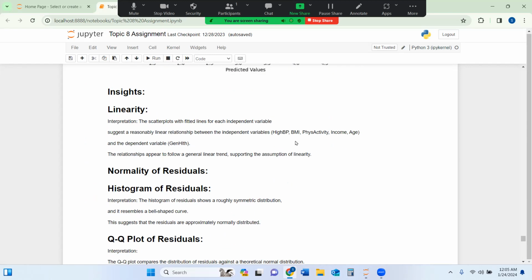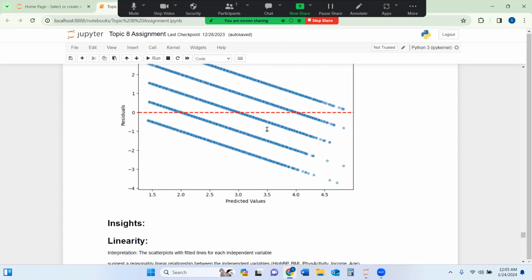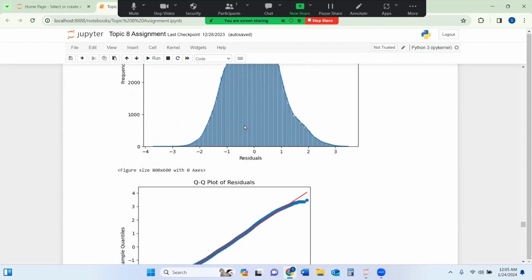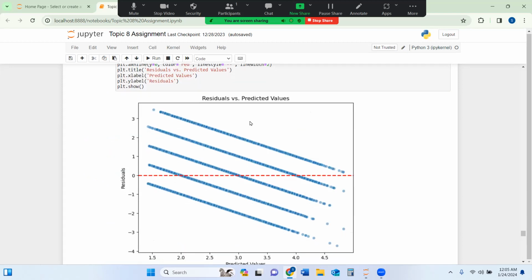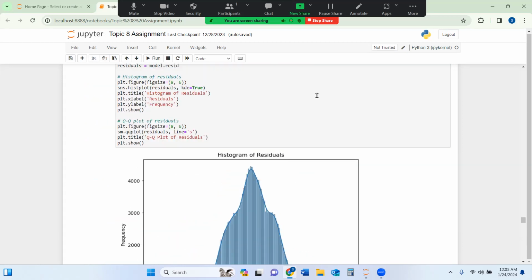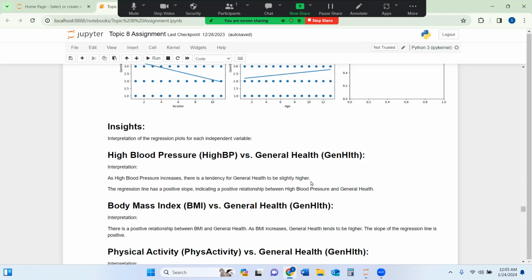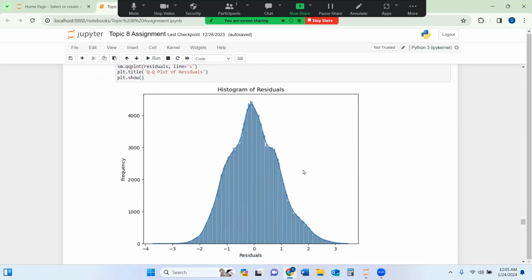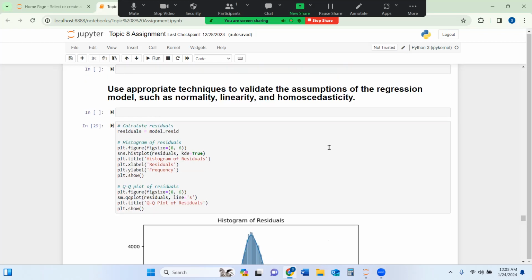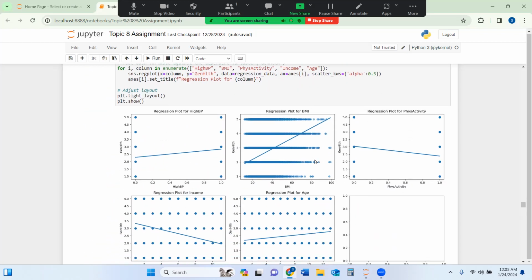I did linearity where this is the scatter plot that shows each independent variable, which suggests a reasonable linear relationship between the independent variables of high blood pressure, BMI, physical activity, income, and age for the dependent variables of general health.